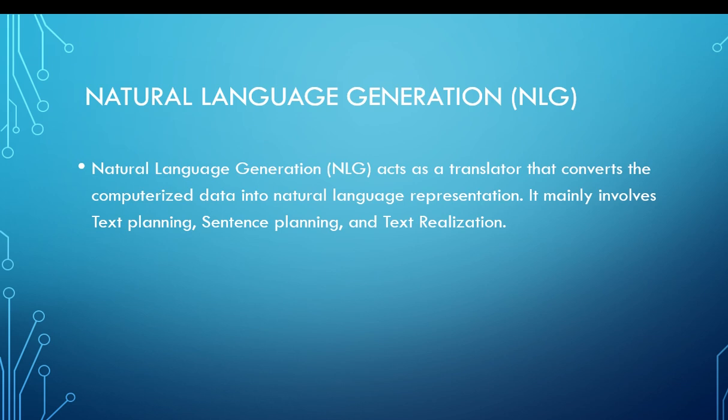It is basically a technology that allows computers to produce human-like written and or spoken language from structured or unstructured data. It also facilitates more natural and intuitive human-computer interactions.